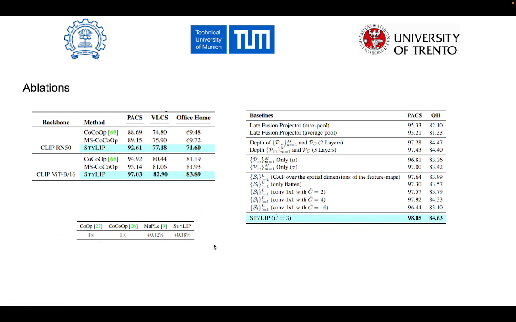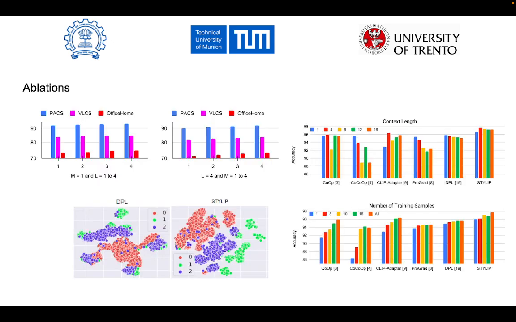Finally, we show how much the computation resources increase, and how much STYLIP outperforms MaPLe and CoCoOp. With only a 0.18% increase in parameters, we outperform various SOTA methods by a fair margin.